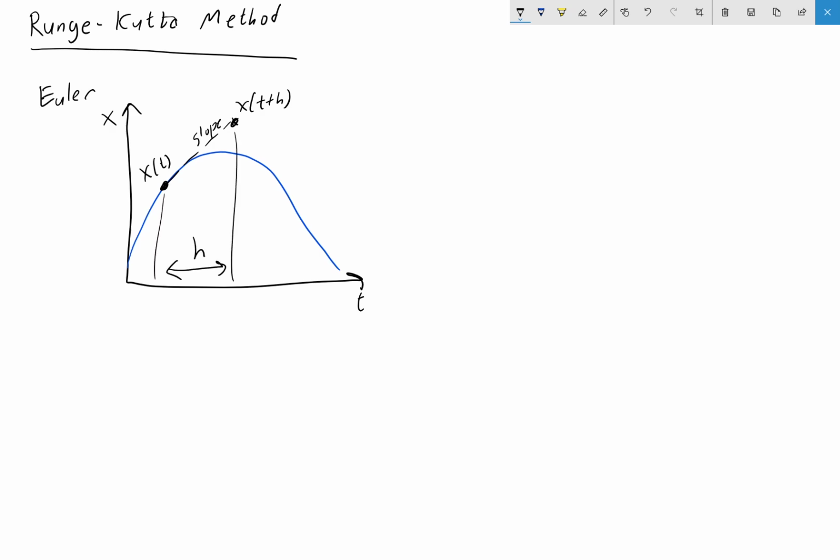I drew this exaggerated from what you would ever actually do with Euler's method, but the point being that there is some inaccuracy here caused by the fact that the slope changes.